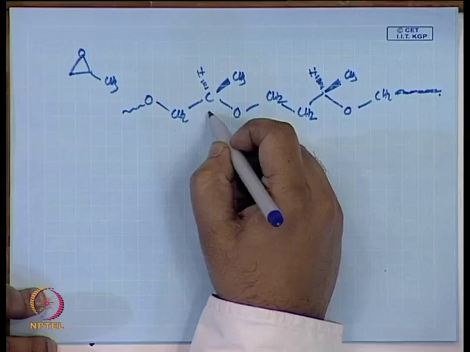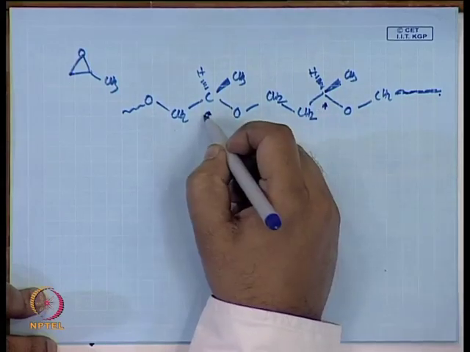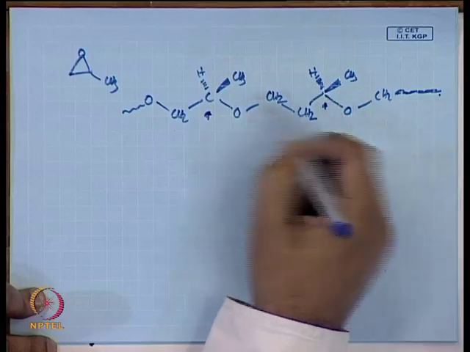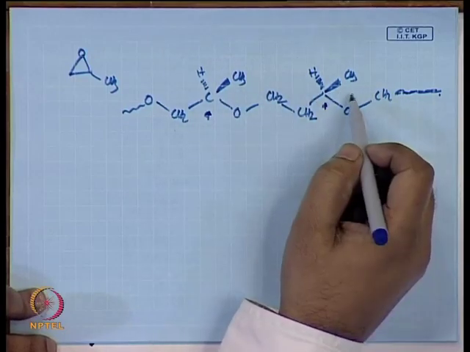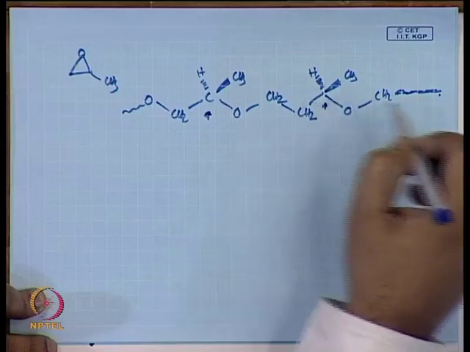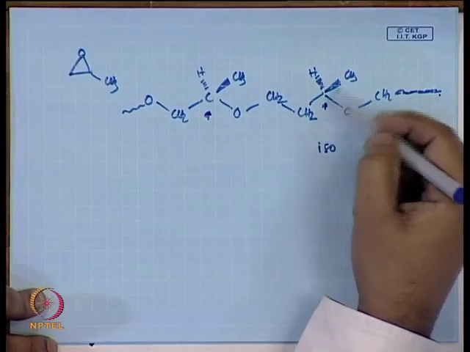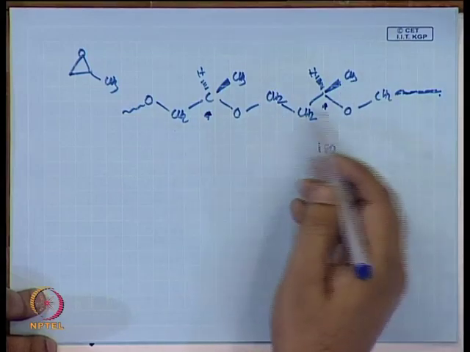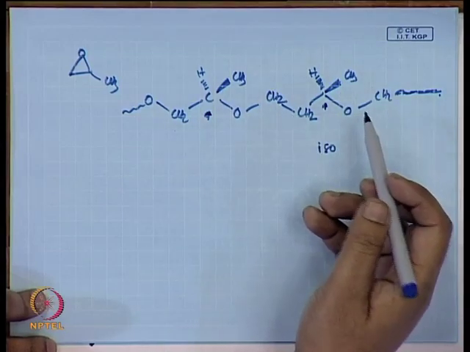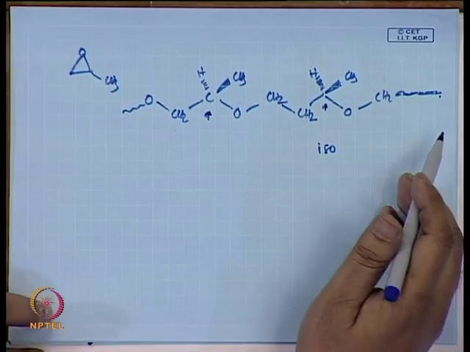Here again, if you have the same configuration of these carbons, for all the units, you will have isotactic. If you have alternate configurations, then you have syndiotactic, and if the configurations are not regular, they are arbitrarily placed, then you can again call this an atactic polymer.